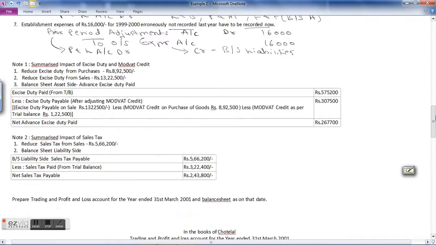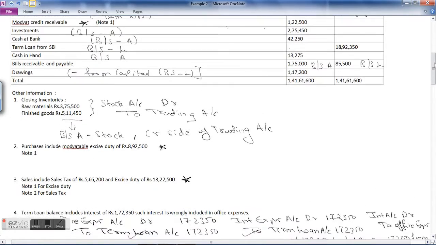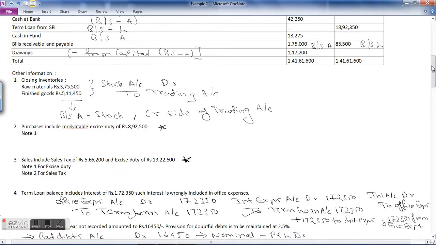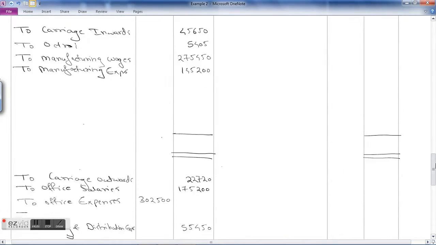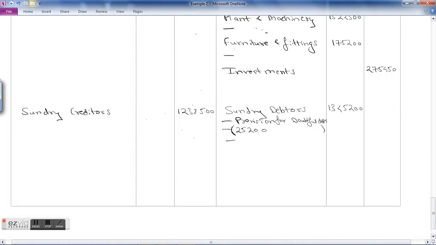Then the next one is cash at bank. How much is that cash at bank? 42,250. So cash at bank, balance sheet asset side, cash at bank 42,250.